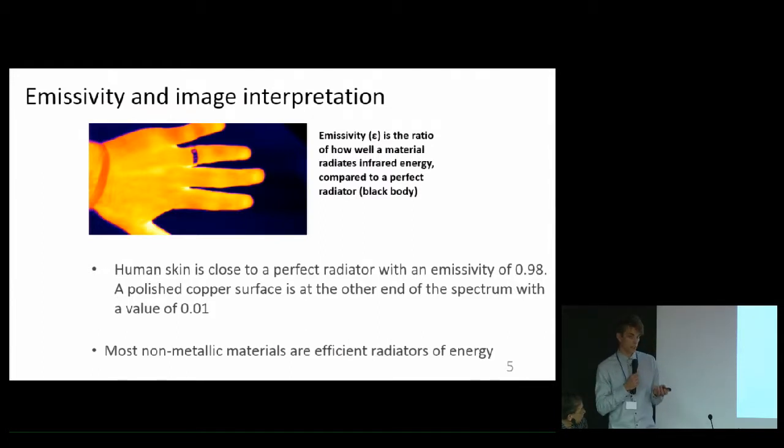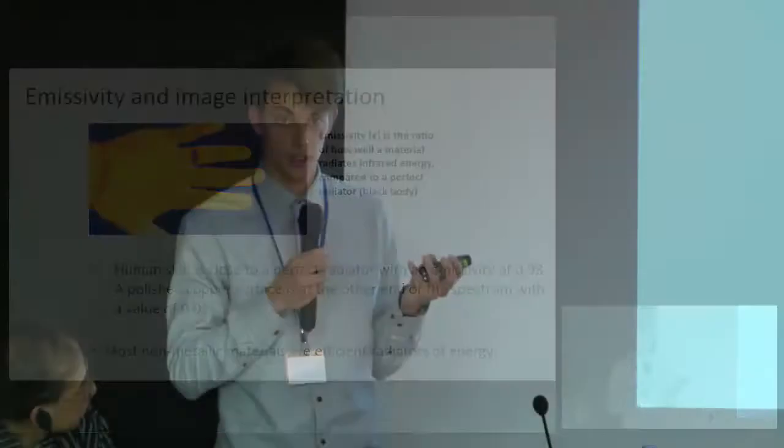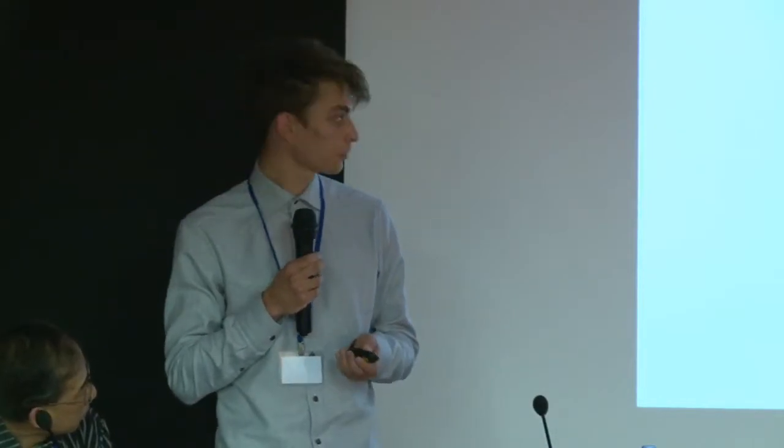In practice, this means that two objects with exactly the same temperature can look very different on a thermal camera, just because they have different emissivities. We can see one example of this in this image here. We can see a hand with a ring on its finger. These two objects should have a very similar temperature, but just because of emissivity, the metal ring looks much cooler than the hand.